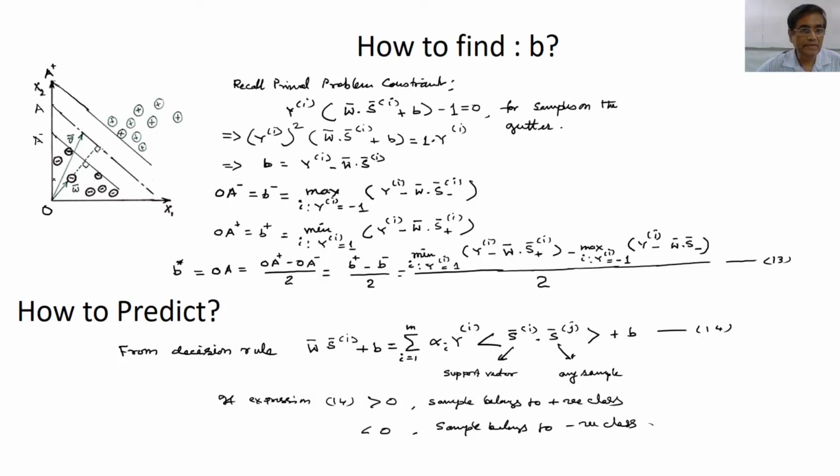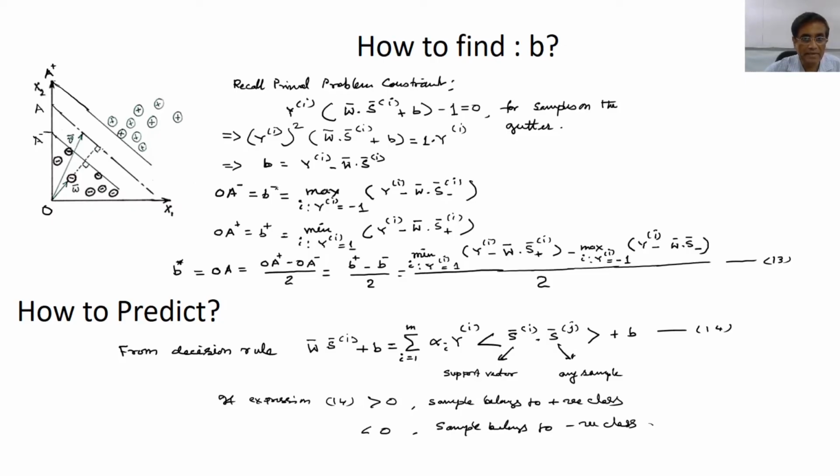Now let us see the negative sample gutter. What is B corresponding to the negative sample gutter? This is B, this is the intercept.